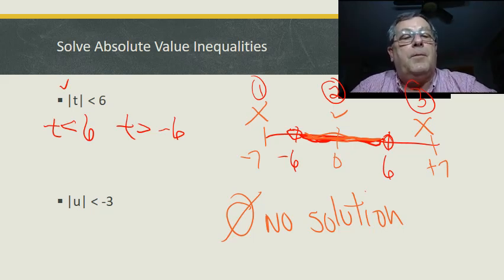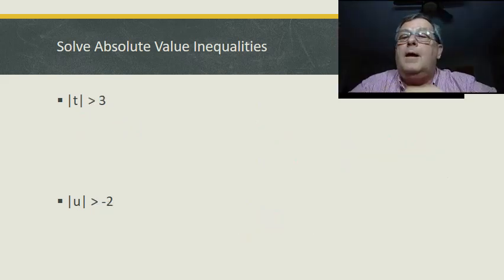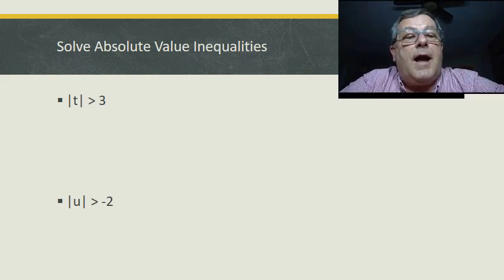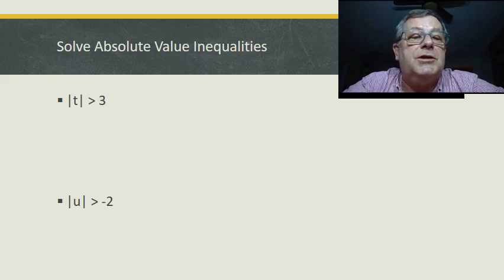Now we're going to look at a couple of greater than one-step absolute value inequalities. Okay, so here we've got absolute value of t is greater than 3. Greater than, so we know we're dealing with an or statement. We're dealing with the union of our solution sets, as opposed to a less than, an and statement, which is the intersection of our solution sets.